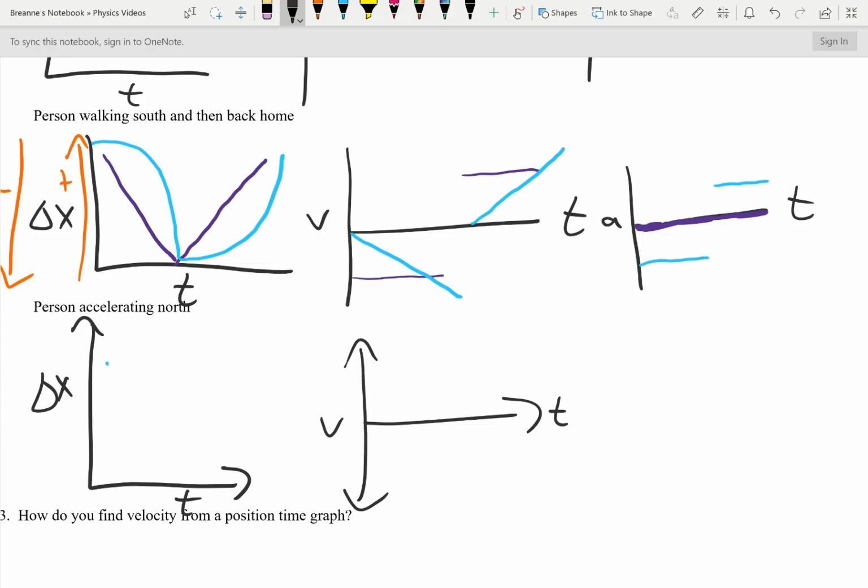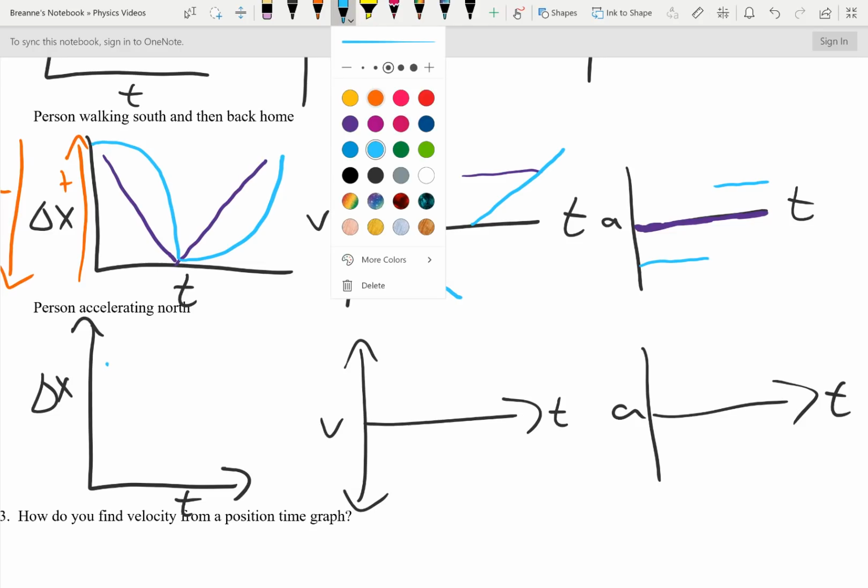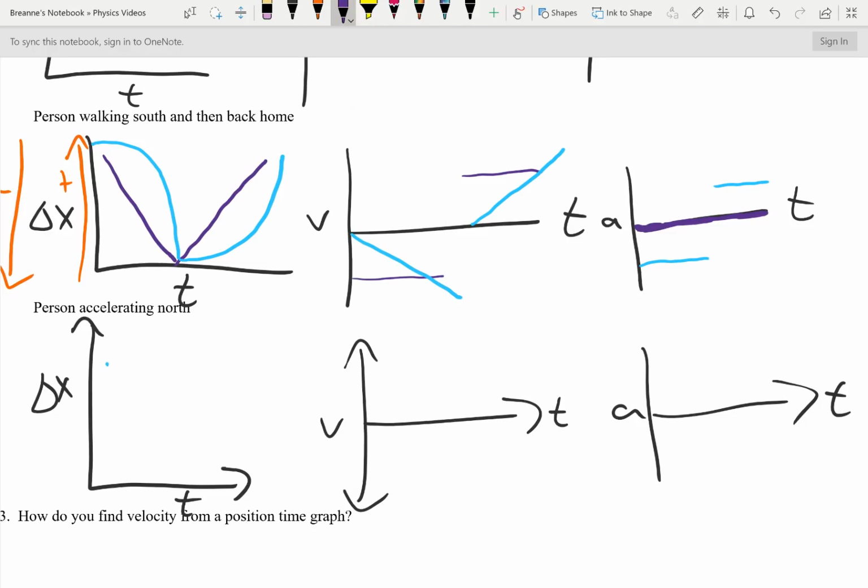Acceleration time graph. So person accelerating north. If you see the word acceleration, you're going to see some type of curve in your displacement time graph.